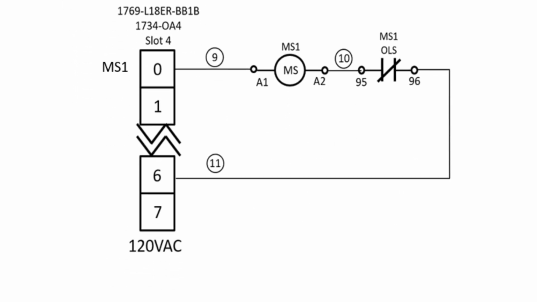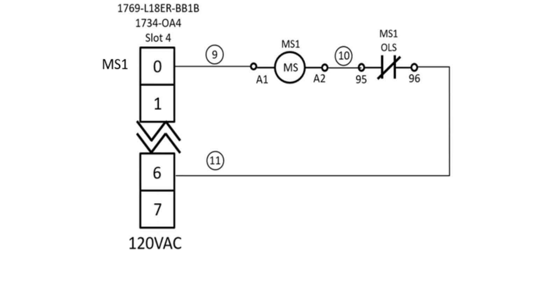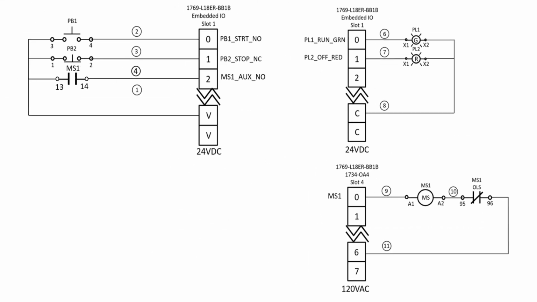In addition, we can see that we will be wiring our motor starter's coil to the 120 volt AC expansion I/O module in slot 4. Also observe that the overload relay's normally closed contact is physically wired in series with the motor starter's coil. With this step complete, we can now move on to the Studio 5000 environment.